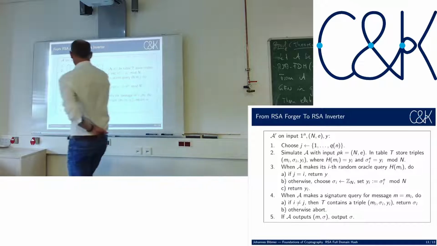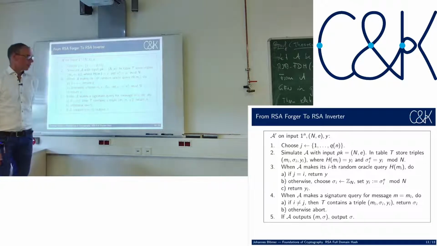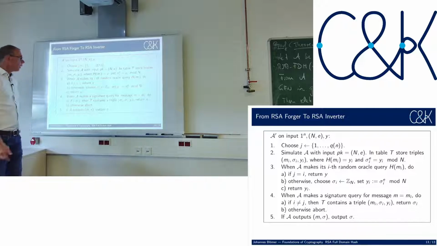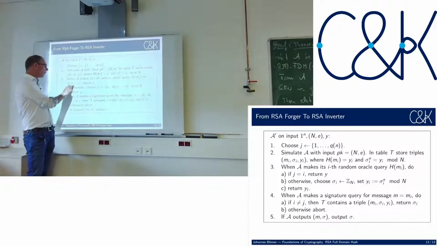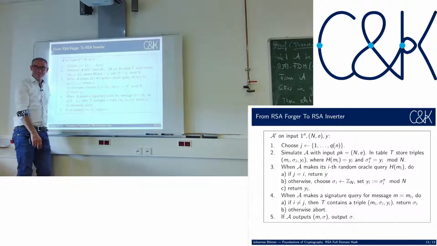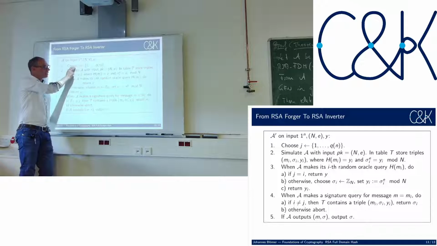When A makes its ith random oracle query H of mi, it can always do that. If i is equal to j, we return y. If the ith index is this j that we picked before, we simply return y, period.